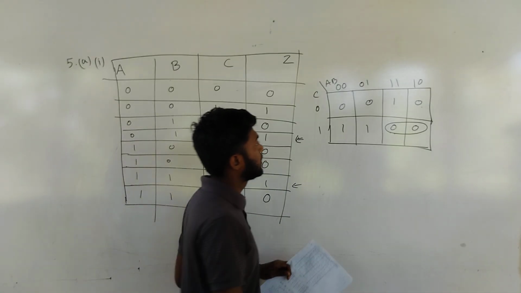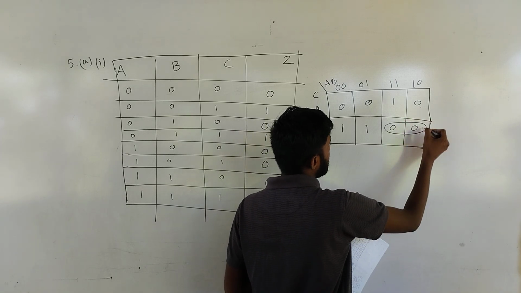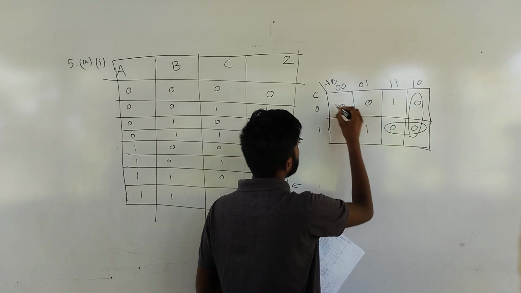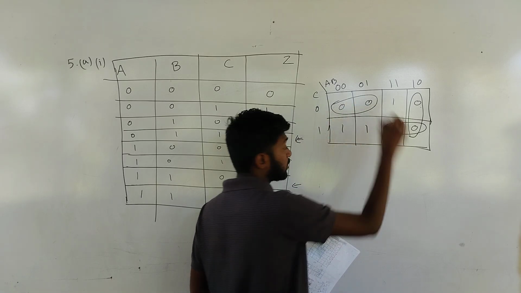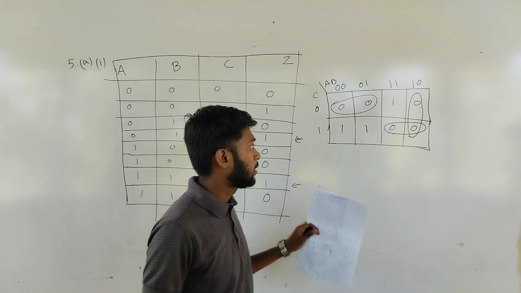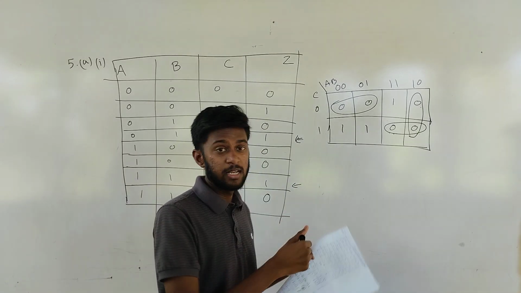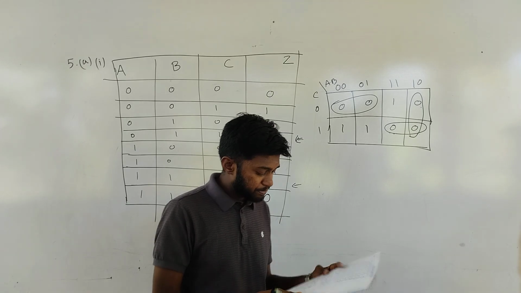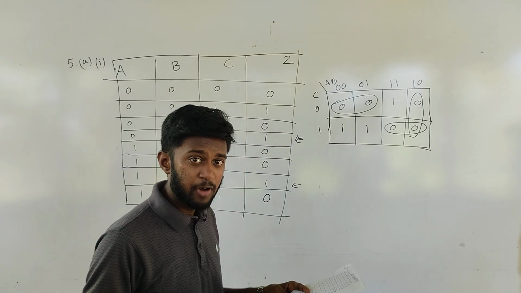Then look here, you can make another group here. This is another group. Then here you can make a group. So these are the 3 groups that you can make. Now there is also another alternative answer for this, but I will be doing the question using this answer, right? So then they are asking to get the simplified POS.